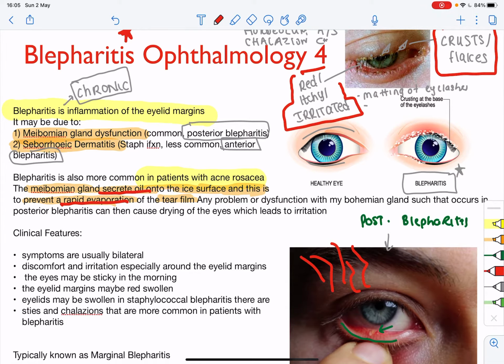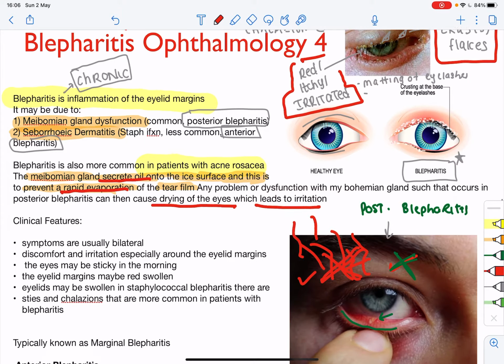Remember, the meibomian glands are supposed to release the oil and prevent this quick evaporation with this lipid oil layer. But when the meibomian glands aren't working, you don't have that protection from quick evaporation of the layer. And when you do have that quick evaporation, that will lead to drying of the eyes, which leads to the irritation.